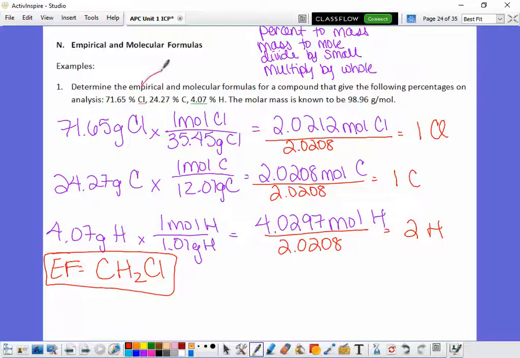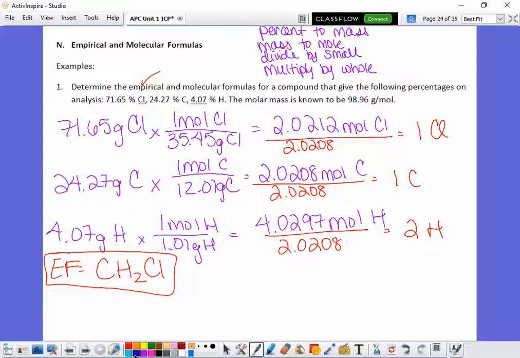So we determined the empirical formula. It's also asking me to find the molecular formula of this compound. The empirical formula is the lowest whole number ratio of the atoms in the compound. So it's like a covalent compound that's been reduced down, or an ionic compound that's completely reduced. A molecular formula shows you the exact number of atoms, like how many they actually have.